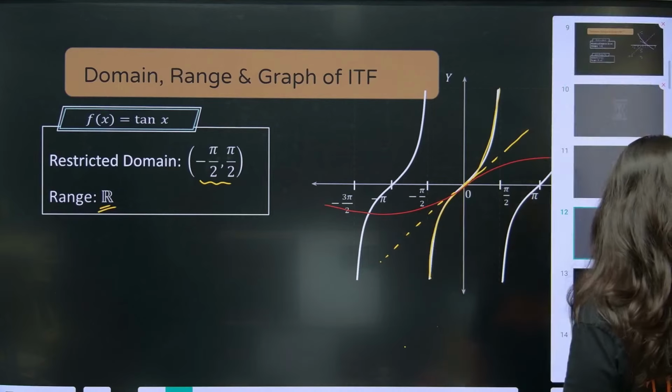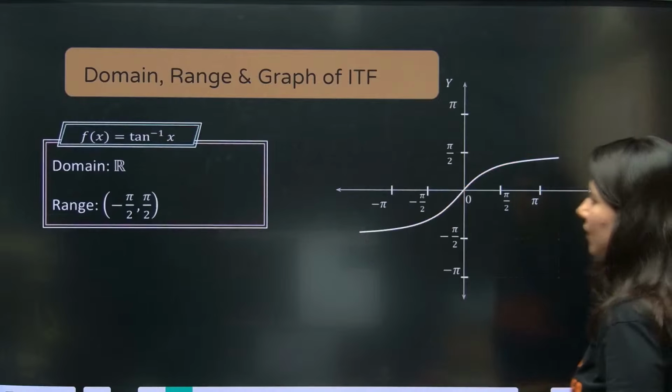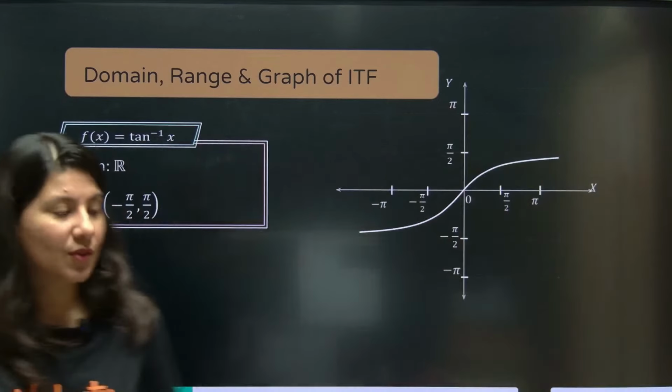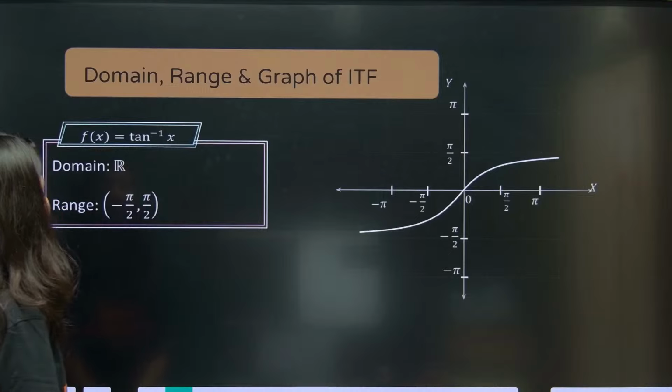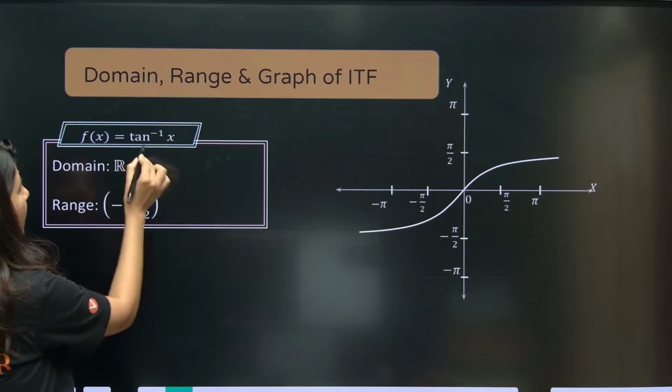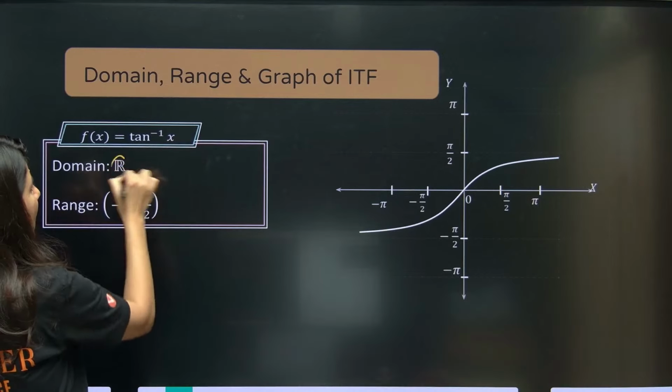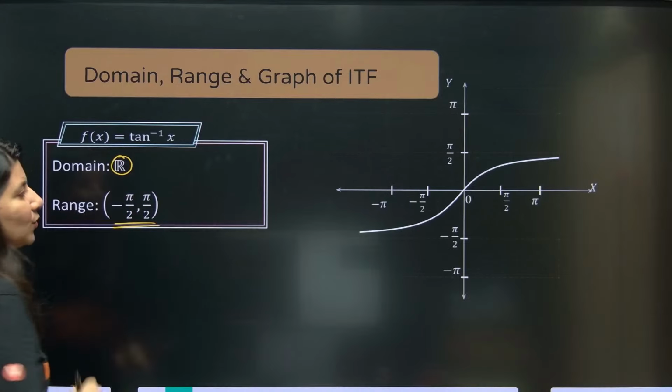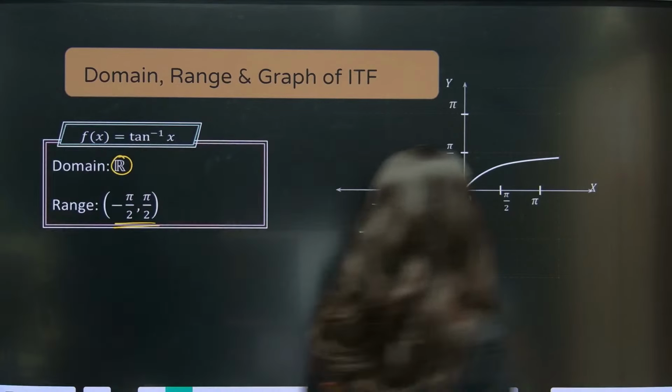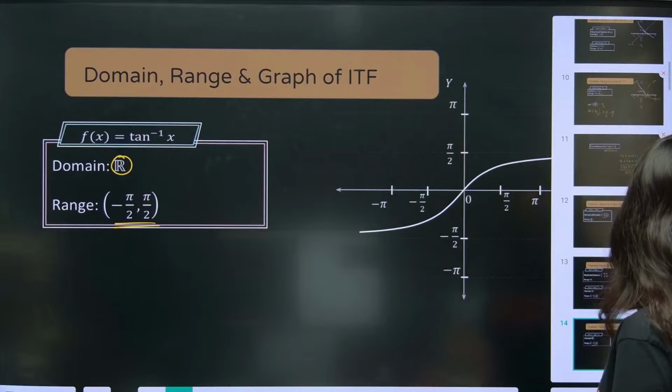This is the graph. So now for tan inverse x, the domain is R, and the range is minus pi by 2 to plus pi by 2. Okay.